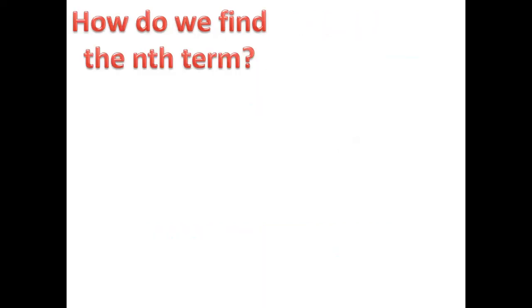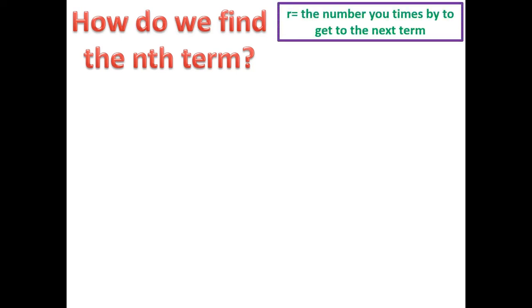Okay, so how do we now find the nth term of a geometric sequence? Take note first that it should be a geometric sequence, because you cannot find the nth term if it's not a geometric sequence. Going back to your arithmetic sequence, we get the common difference, but for a geometric sequence, we get the common ratio. Take note of the difference.